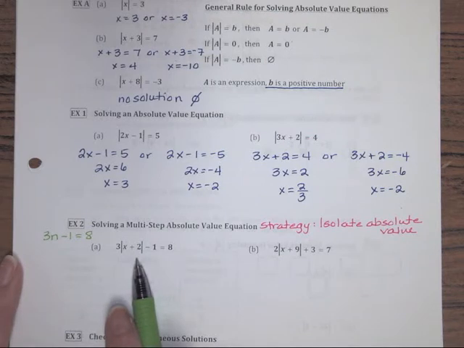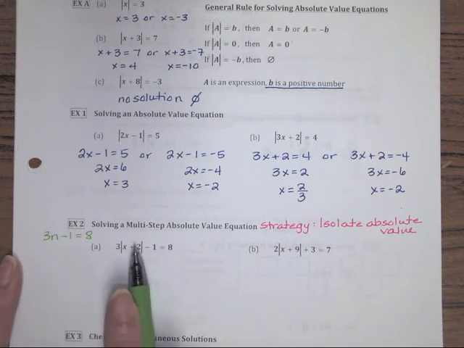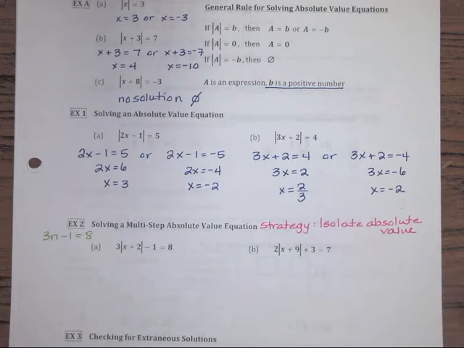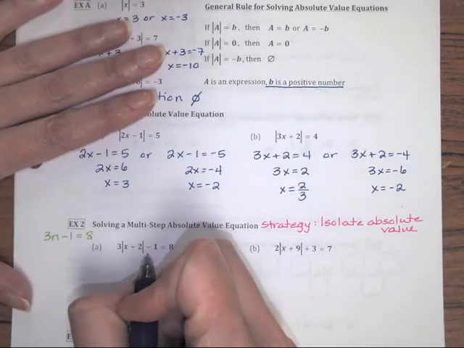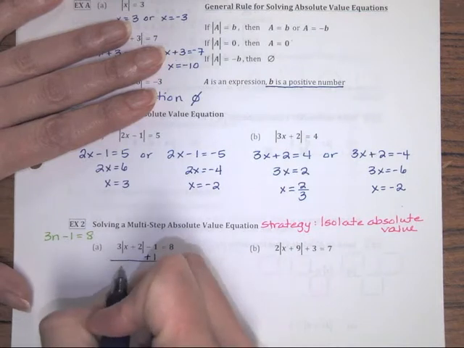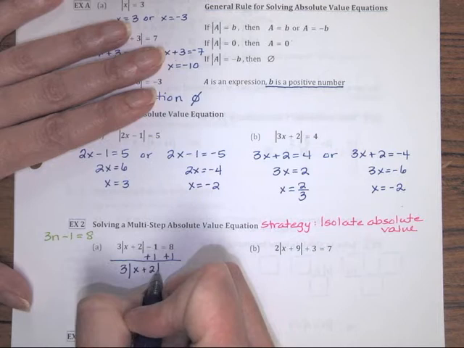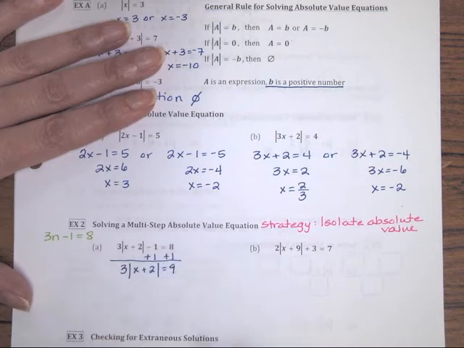You're going to use the same steps that you would use to solve this one to get that absolute value by itself. So, up here, would you subtract 1 first? Of course you would. Or add 1 first, I'm sorry. Add 1. So now, bring down what's left. I have 3 absolute value of x plus 2 equals 9.